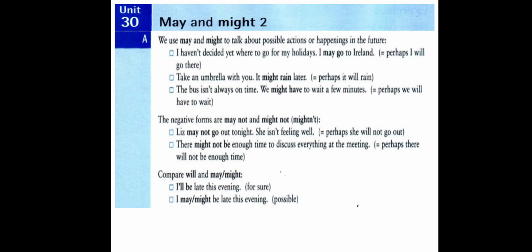You are not sure about it. You say, I may or might be late this evening. It might happen or it might not happen. You speak about possibility in the future. But when you use will, you are sure about it.